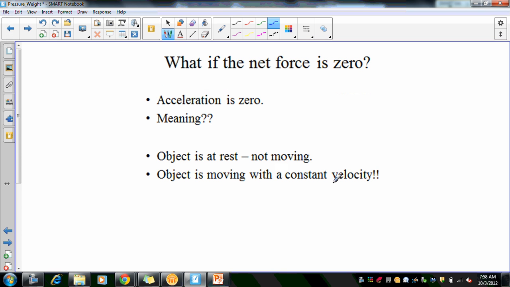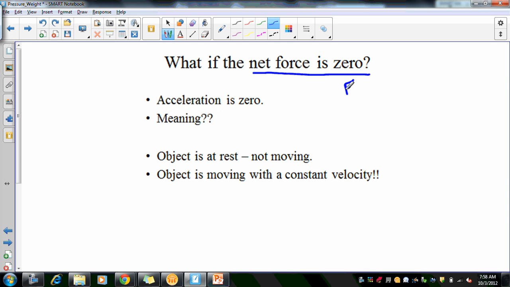So this slide is extremely important to understand. There are always a ton of questions on the midterms, on the finals, on tests that talk about what happens if the net force is 0. So the first answer is that the acceleration is 0.